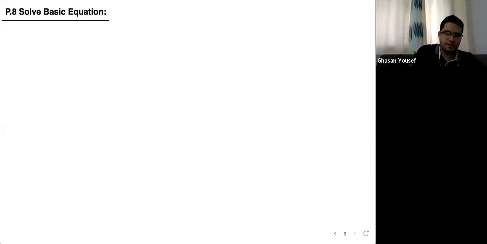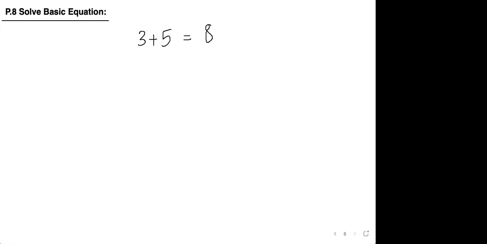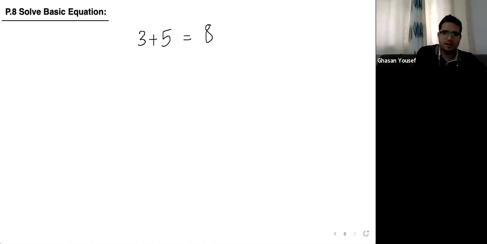For example, this is an expression, 3 plus 5, this is equal to 8. So here I have this as an expression, and here is another expression, and between these two expressions there's an equal.